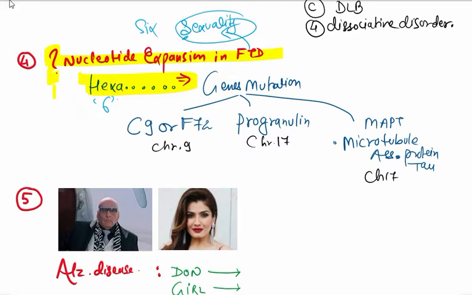And what are the gene mutations seen in FTD? It is C9orf72. This is a single term, C9orf72, located on chromosome 9.